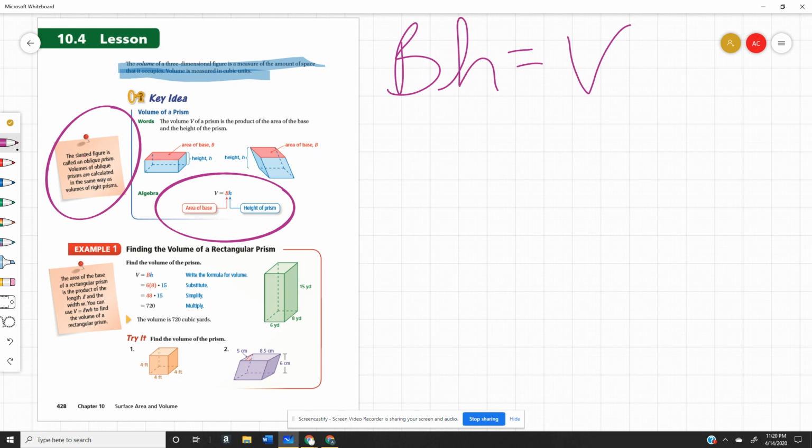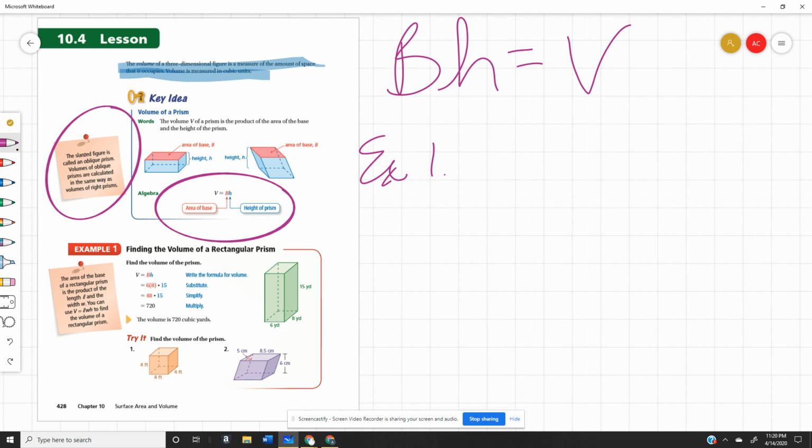So in example 1, it says finding the volume of a rectangular prism. Find the volume of the prism. It says the area of the base of a rectangular prism is the product of the length and the width, W. You can use V equals LWH to find the volume of a rectangular prism.